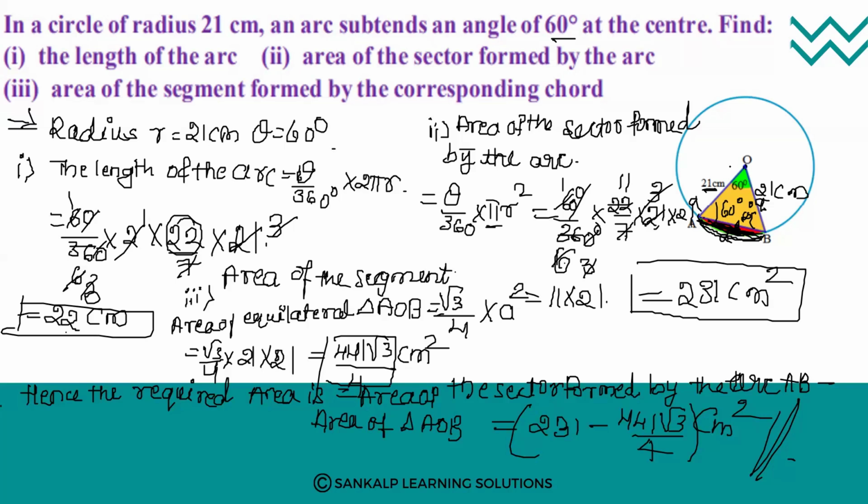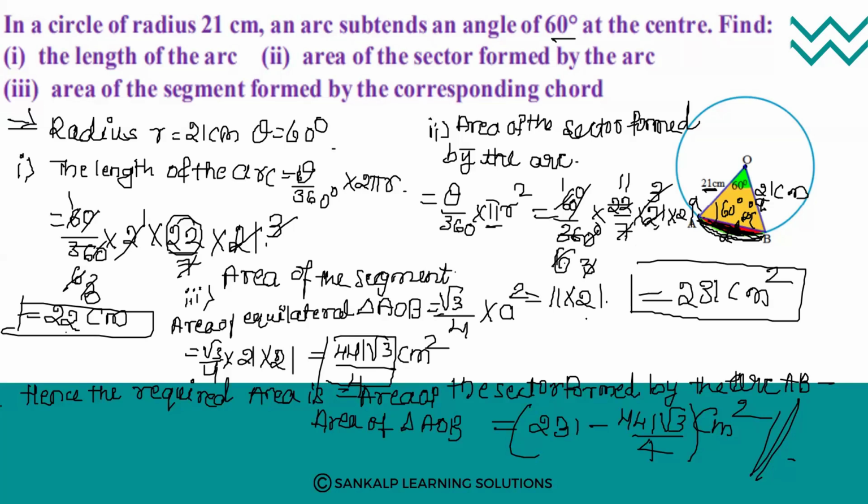Here OA is a, OB is a. The length of the side is the radius only, so a is 21. 21 whole square is 441, so 441 root 3 divided by 4 centimeter square is the area of the equilateral triangle AOB.